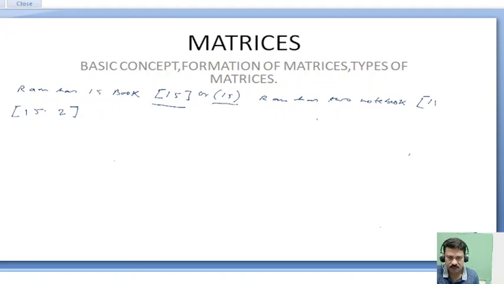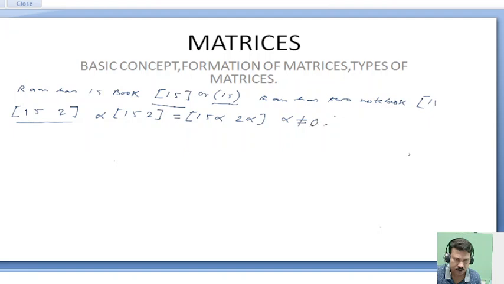If we multiply by any scalar, every element is multiplied by that scalar. If alpha is multiplied with this, we get 15 alpha and 2 alpha, where alpha, not equal to 0, is a scalar.